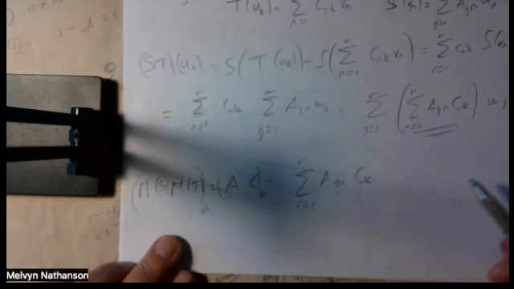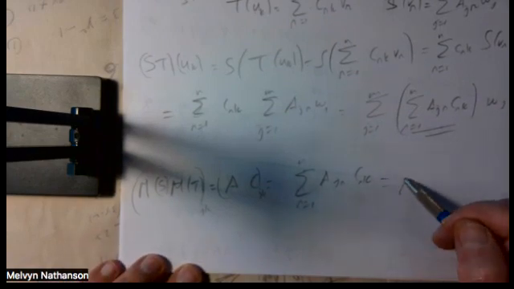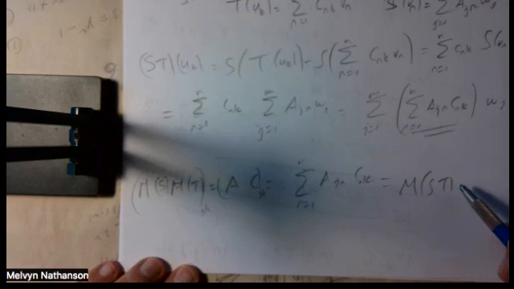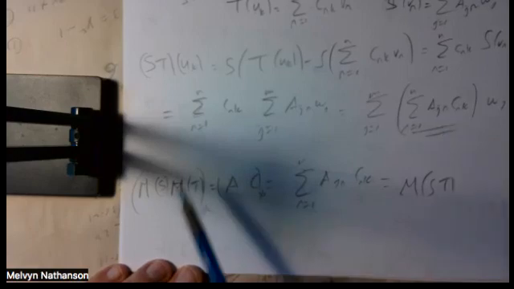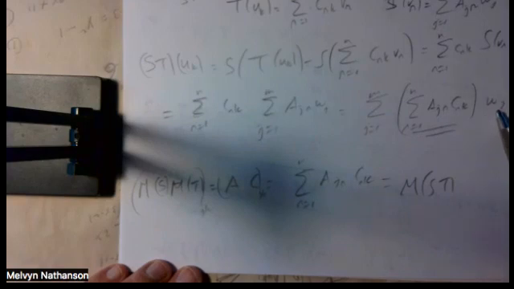So the matrix for S times the matrix for T is the matrix for ST, which is the matrix whose j-kth coordinate is this. ST of u_k is this linear combination of the w_j's, and that's the coordinate.